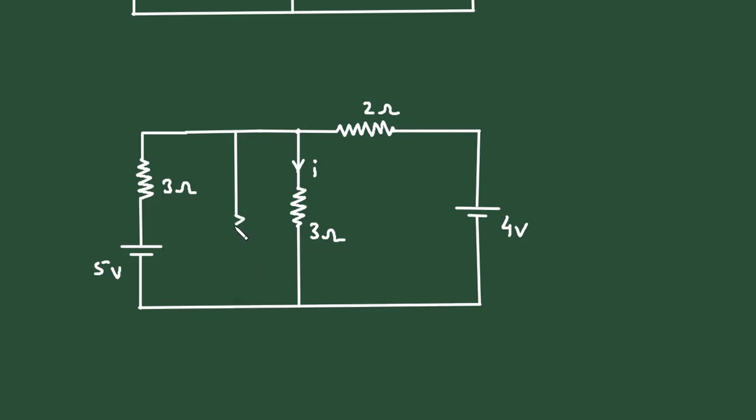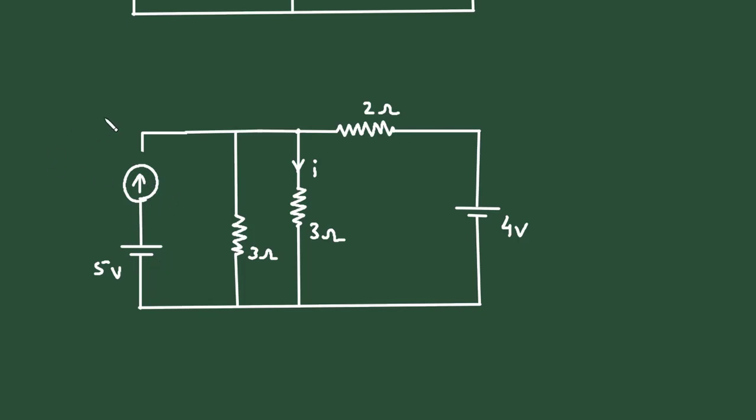The resistance value will remain the same, that is 3 ohm, and we can erase this resistor now. This voltage source will be turned into a current source, and its direction will be according to its polarity. So it will be upward because positive here and negative here.